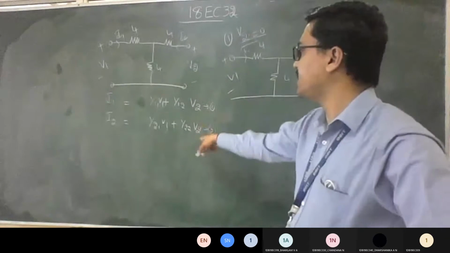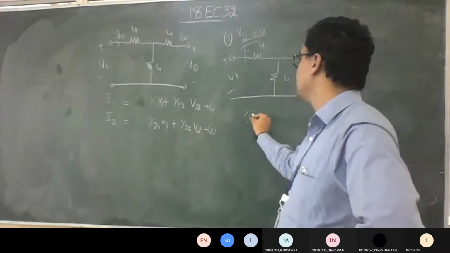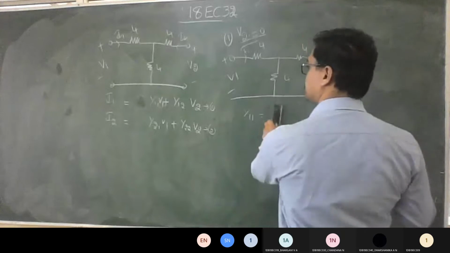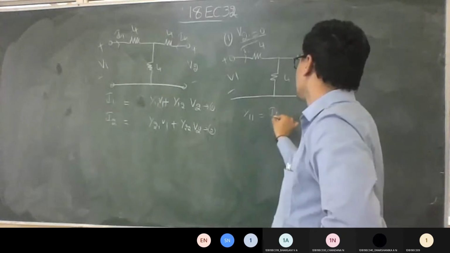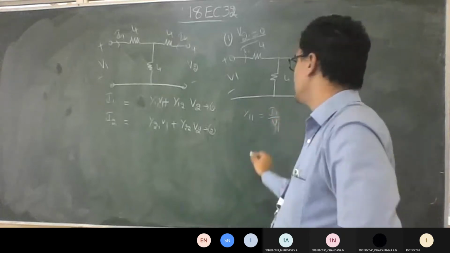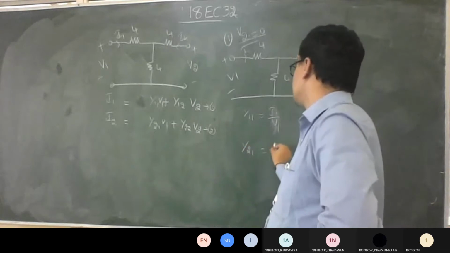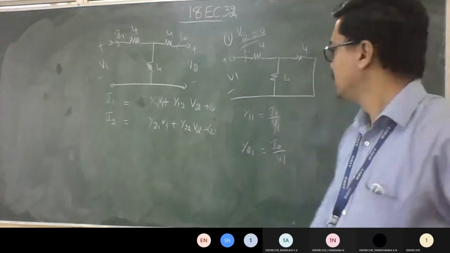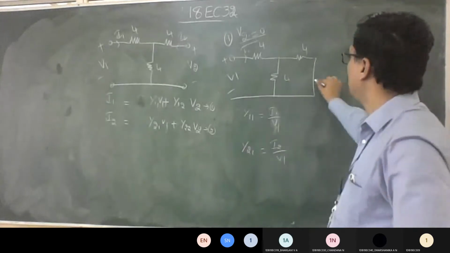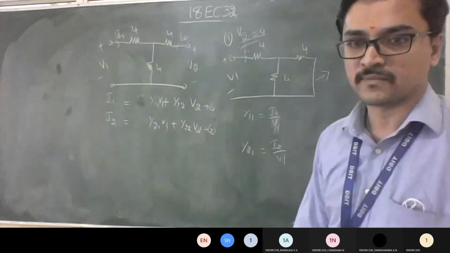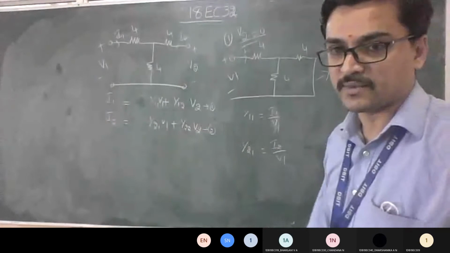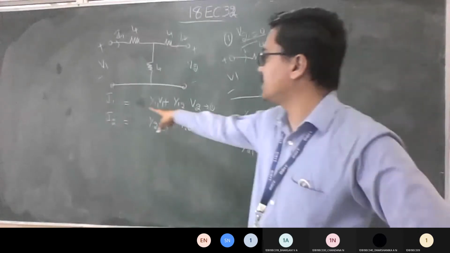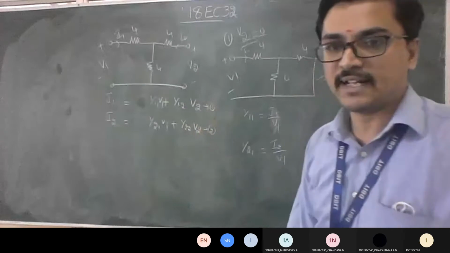From this, if I take V2 equal to 0, what is your Y11? I can claim it as I1 by V1. Similarly, Y21 equals I2 by V1. So now what will you do? How to solve this? Using the short circuit concept. If you write this in the generalized form, you can compare easily and get the answer.